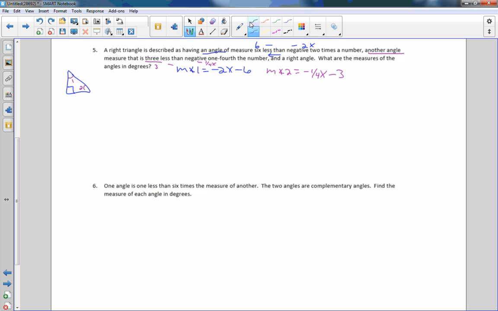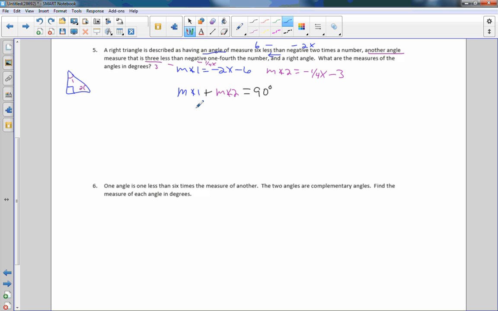So I'm going to take the measure of angle 1 plus the measure of angle 2 equals 90.